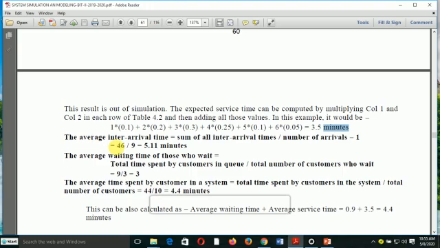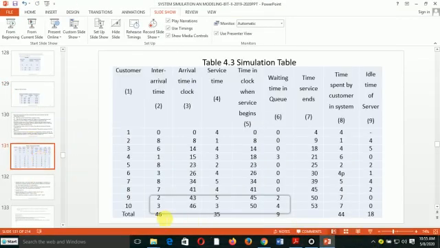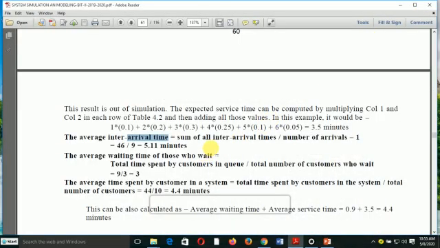So the average interarrival time will be the sum of interarrival times divided by the number of arrivals minus 1. The sum of interarrival times is 46. But for the first customer it is 0, so we exclude the first customer because the arrival time of the first customer is 0.